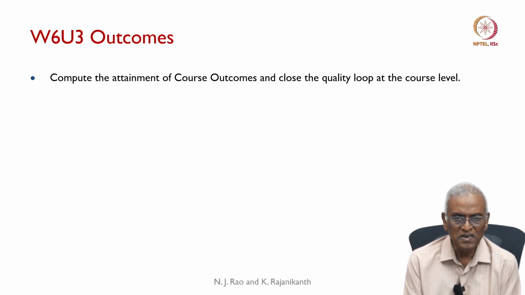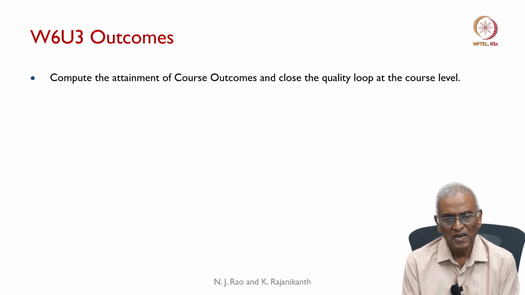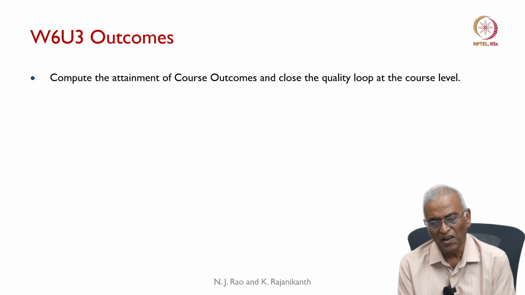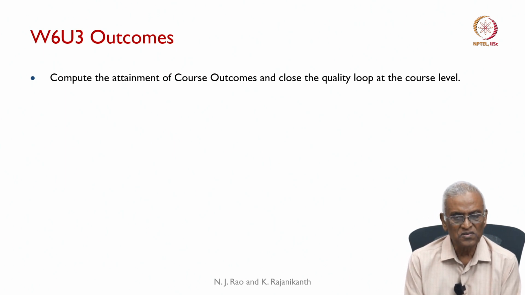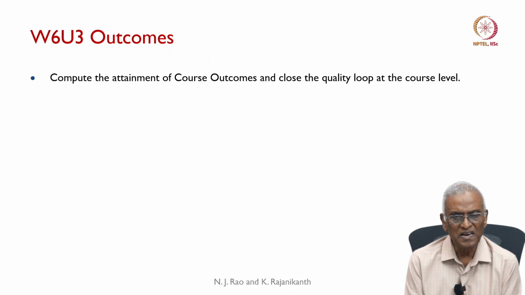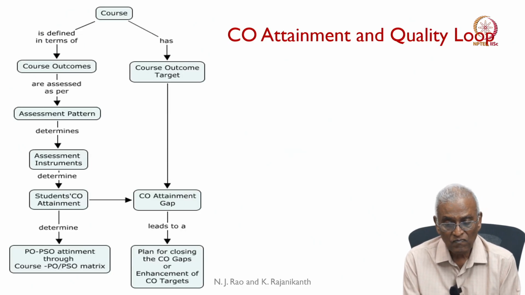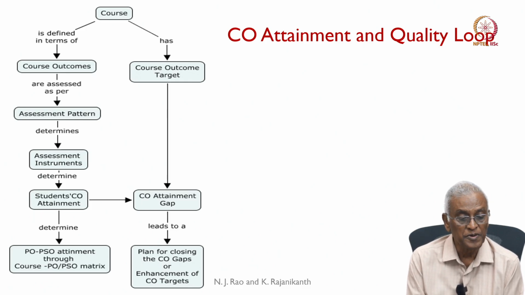What is it that he needs to do next time to improve things? It cannot be too subjective, nor can it be too detailed and objective. That is where the problem comes when you try to compute to what extent something has been attained. This is true of many teaching learning aspects. So let us look at what we mean by CO attainment and quality loop.